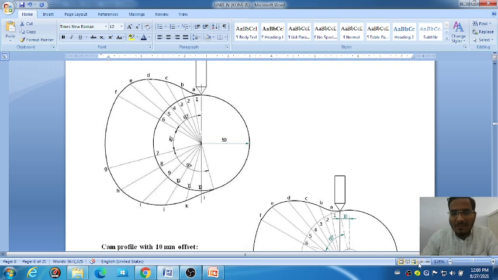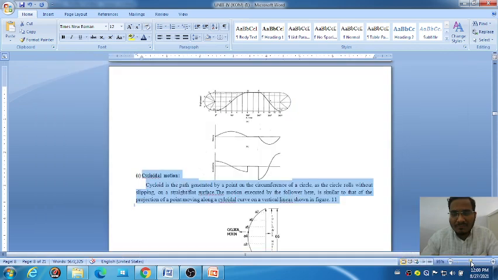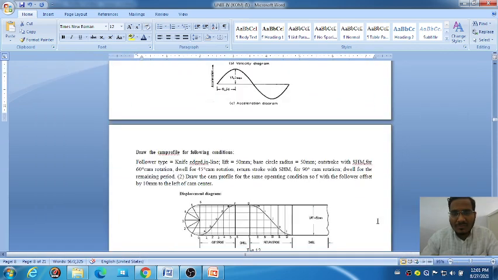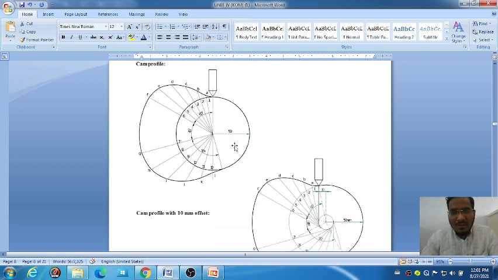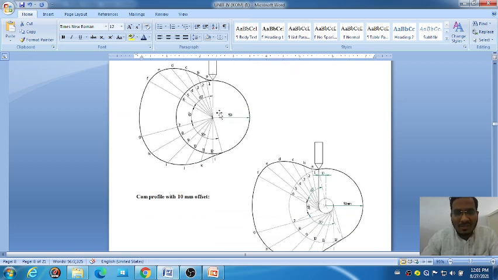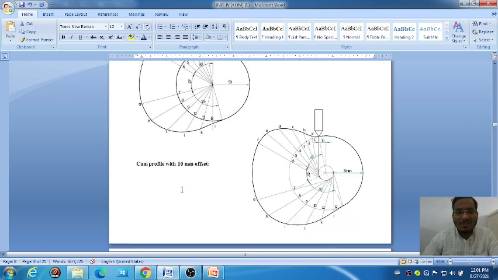In that cam profile, what we are seeing here: this is the axis of cam and the axis of follower, on one side, and the axis of follower and axis of cam on the other side. So this is called offset.